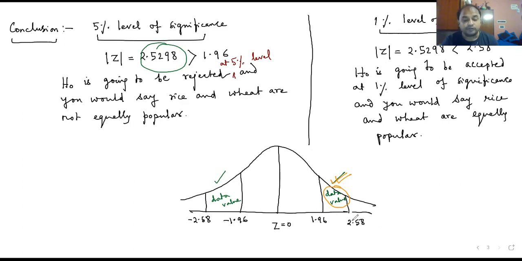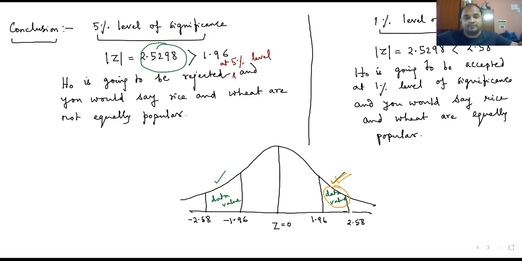Now, if you want to politicize the statistics, it is a science. We do it in a proper manner. But if you want to politicize the statistics, then you can take the help of this situation. If you want to show that rice eating people and wheat eating people are equally popular in Maharashtra, then you will increase your confidence interval and show that it is equally popular.